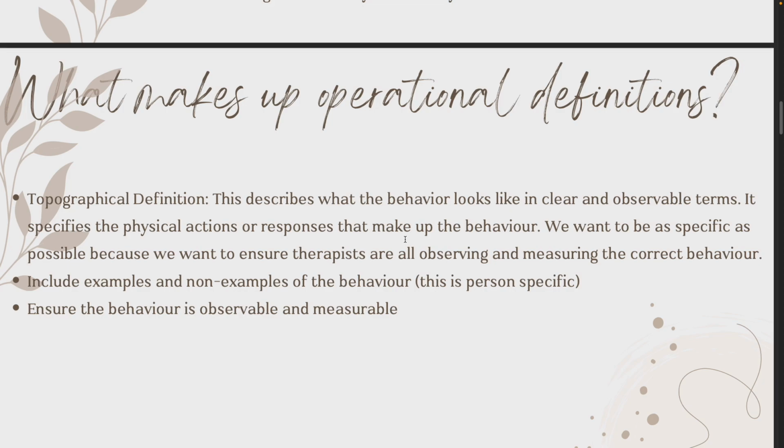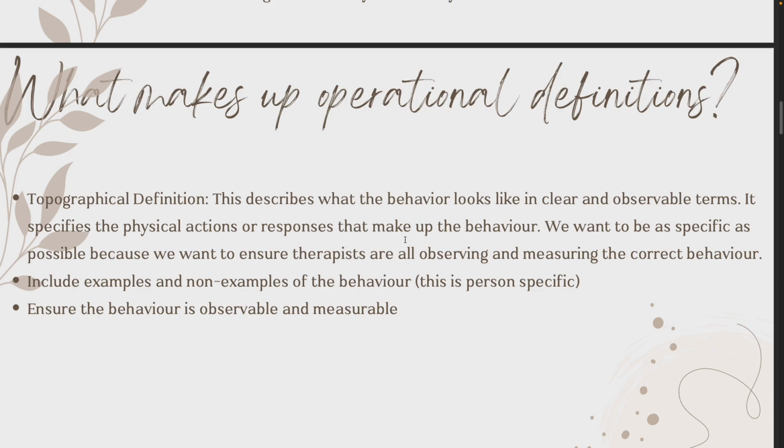We also want to make sure that we have examples and non-examples in our definitions, okay? So these examples and non-examples will be clearly set out. So if we're defining kicking, right? A non-example would be if they're playing soccer, right?